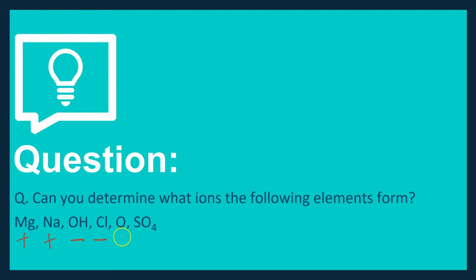Oxygen is a non-metal, so it also is a negative. And sulfate there, we've got 5 atoms all joined together, but again, they're behaving like one thing. And these are, again, non-metals, so they are a negative ion. So you should have gotten 2 cations and 4 anions there.